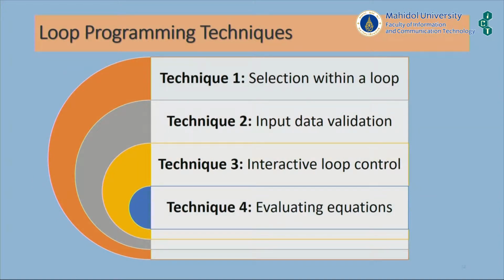The first one is you can have selection within a loop, and the second one is how you validate the input when the user types some value into the program. And the third one is interactive loop control, and the fourth one is how you use the loop to evaluate equations. So let's see the first technique.